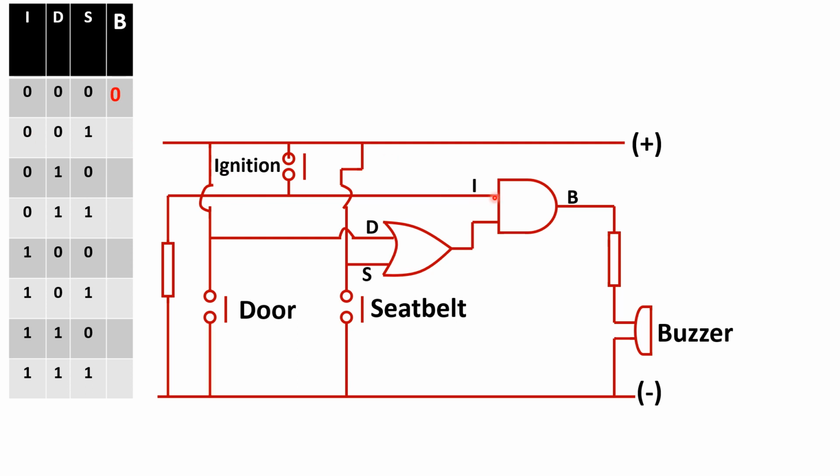If I is 0, D is 0, and S is 1, what will be the output at point B? Again, it is 0.